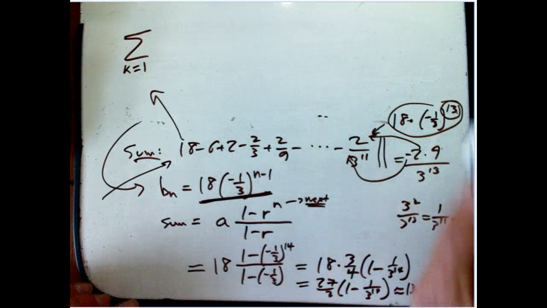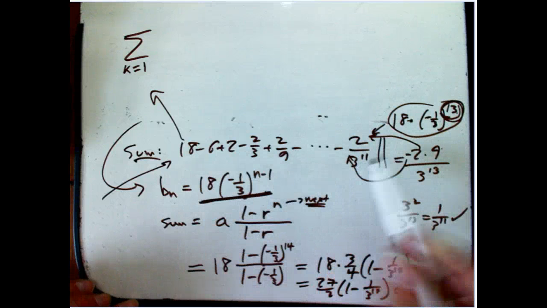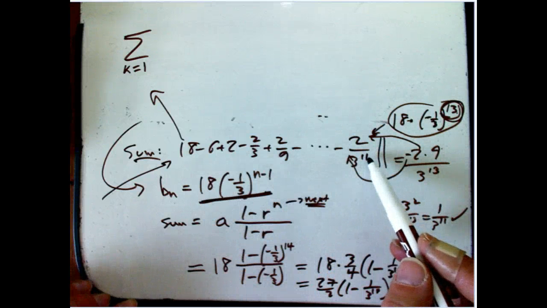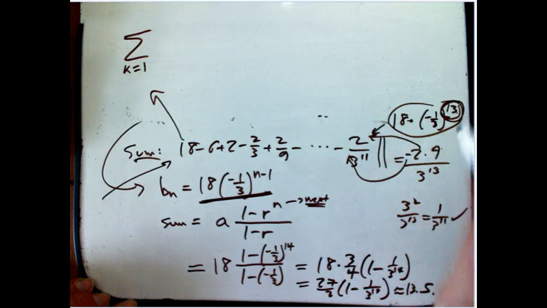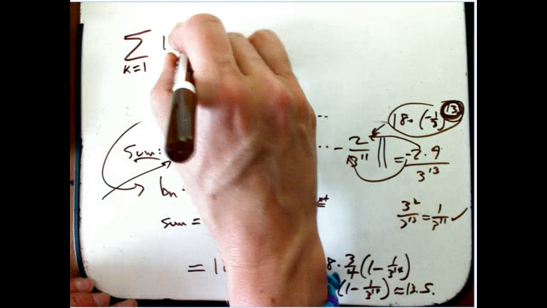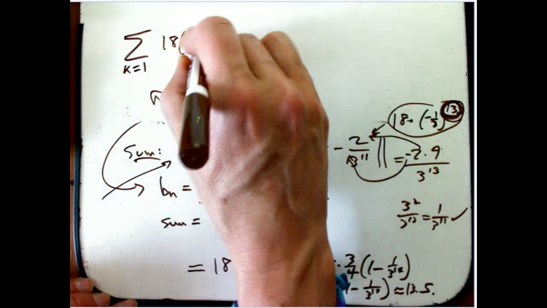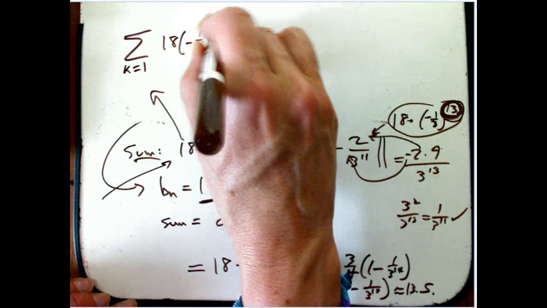Another way to describe this key calculation was figuring out which term in the sequence this is. It wasn't the 11th term. This was when the power was 13. But I'd like to express it in this way, with a k, say.